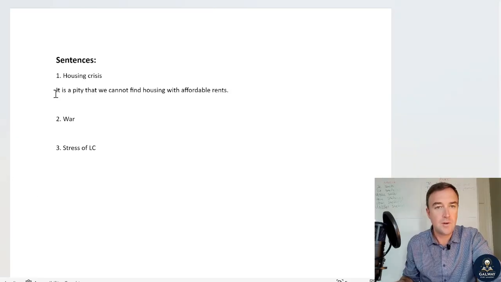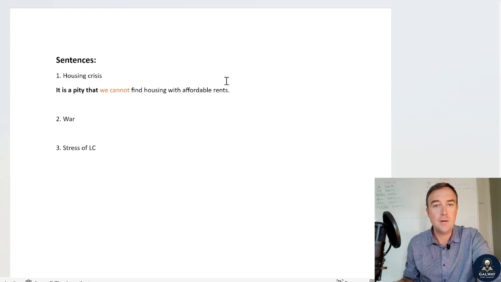Now we'll start off with it's a pity that. That's my subjunctive clause. So I'm going to put that in bold. We cannot. That is the verb that follows the subjunctive clause, which means that has to be in the subjunctive. Now, we cannot, we can't, to be able to, that's the verb pouvoir.